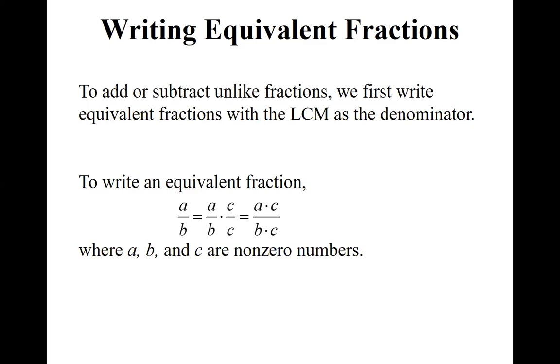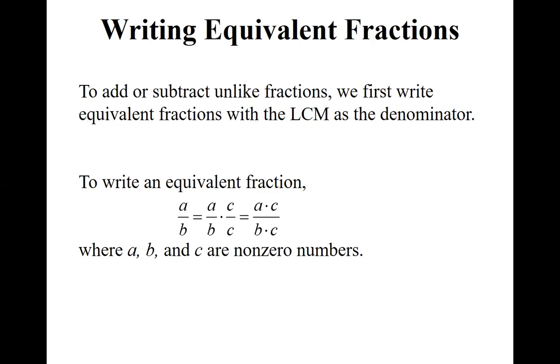So why did we just do all that? Well, it's because to add or subtract unlike fractions, we would first have to write equivalent fractions with the LCM as the denominator. To write an equivalent fraction, we multiply the top and the bottom by the same number.